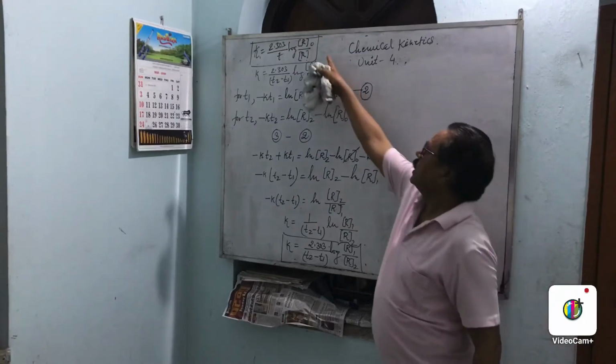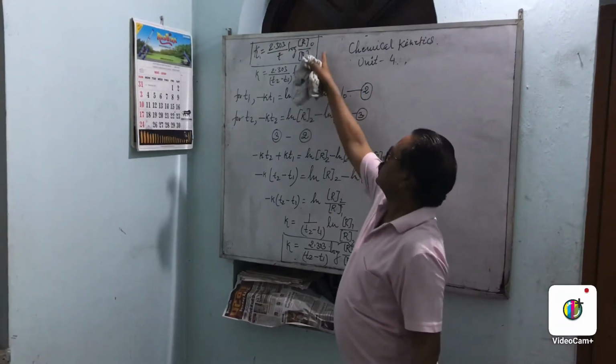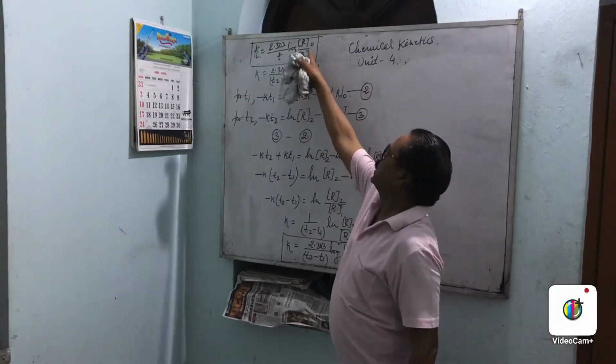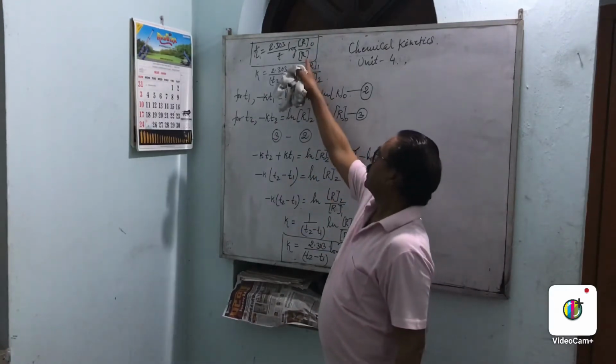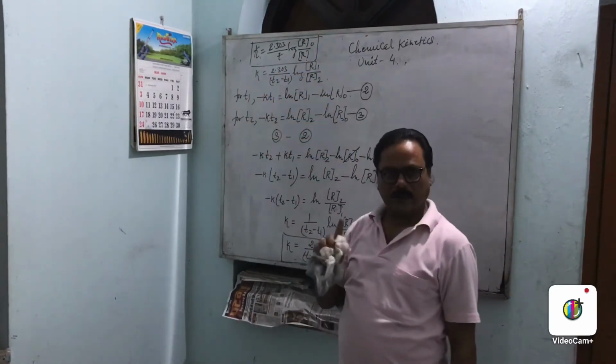So we have the use of the two equations to solve numericals, keeping in mind R naught is the initial concentration and R is the concentration at a given time.